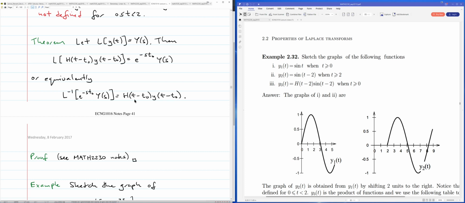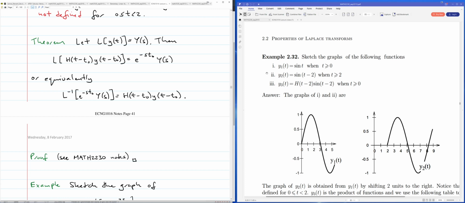An example of a function, this Heaviside times y(t minus t0), is this y(t) here, which is H(t minus 2) times sine(t minus 2). So I'll talk about what this is, and it'll give you an idea what these types of functions, Heaviside times y(t minus t0), would look like.